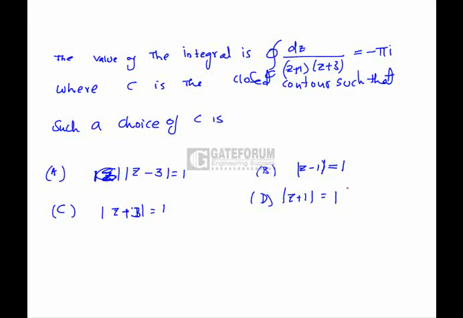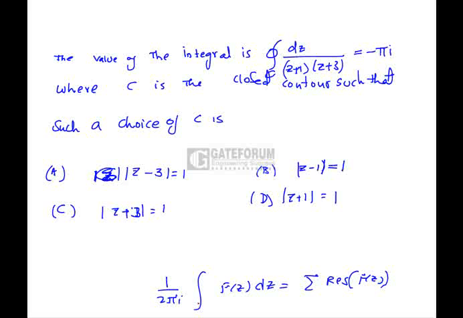The value of the integral is the integral of dz by (z plus 1)(z plus 3) equals minus pi i, where c is the closed contour such that the integral value equals minus pi i. That means we have to choose the contour c in order to get the answer minus pi i. So we know that 1 by 2 pi i integral of f of z dz equals the sum of residues of f of z at the pole locations.